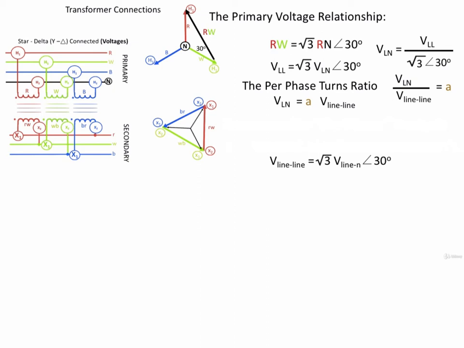And there is a phase relationship associated with the secondary and this hypothetical neutral, such that the line-to-line voltage of the secondary is going to be root 3 times the line-to-neutral secondary, and it is going to be leading the line-to-neutral voltage by 30 degrees.